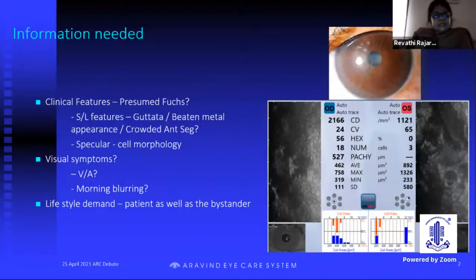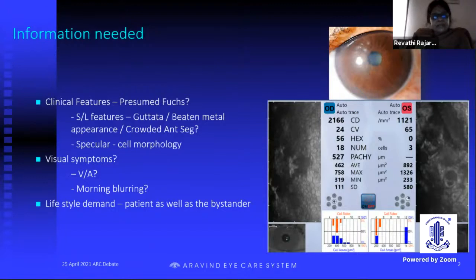Of course, the patient should have come for visual symptoms, which is why we are considering cataract surgery. But that is not enough. As Dr. Reddy already beautifully put, the number alone is not enough. In the specular picture, we have to look at the morphology and how much damage has occurred to the cell morphology. Another clue is whether there is diurnal variation in vision, whether there is early morning blurring.